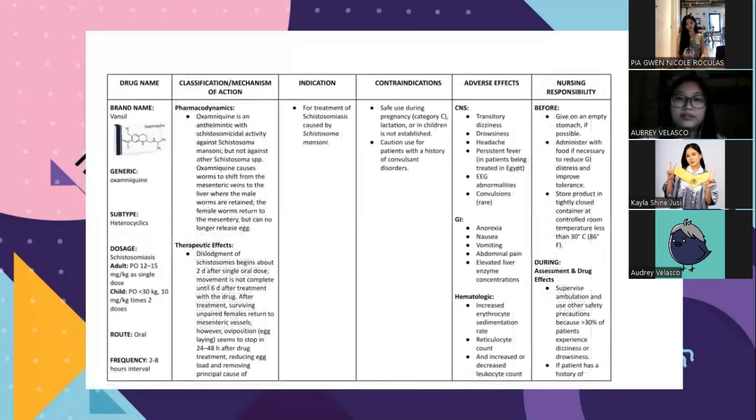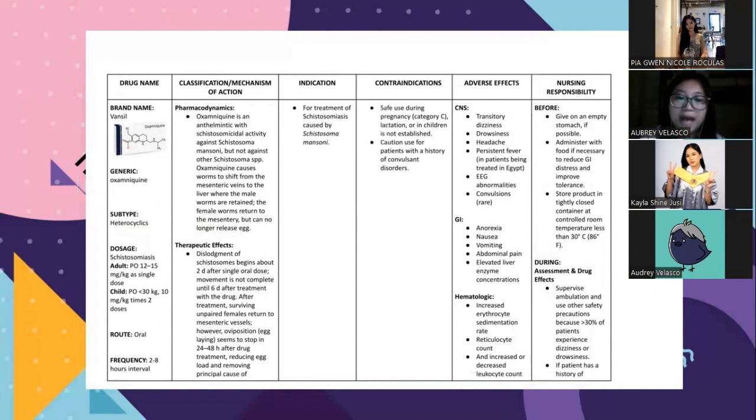For the classification, so pharmacodynamics, so oxamniquine is an antihelmintic with schistosomal activity, like I've said, and then therapeutic effects. So dislodging of schistosomes begins about 2 days after a single oral dose. Movement is not complete until 6 days after treatment.